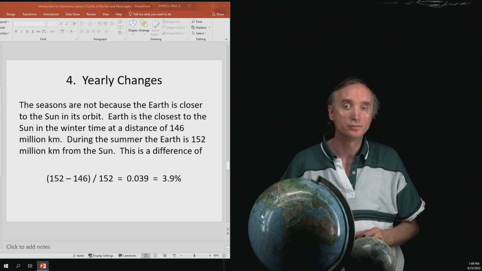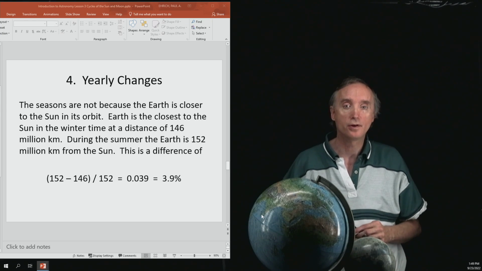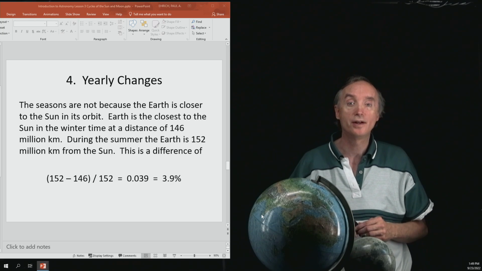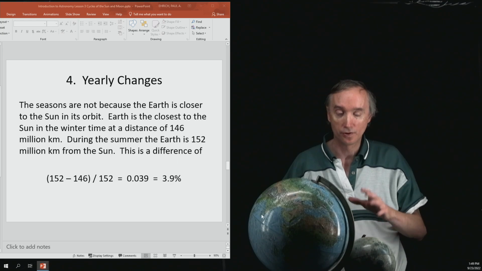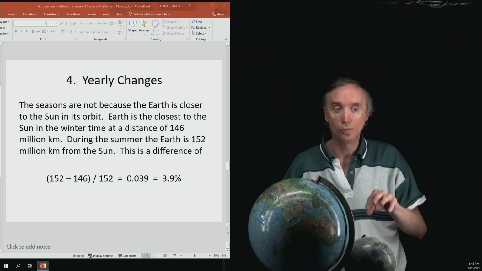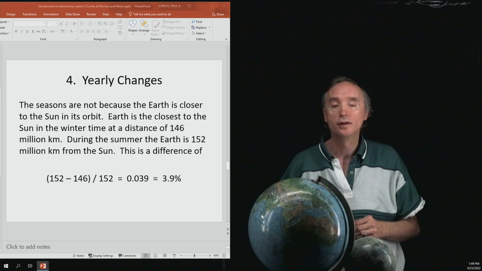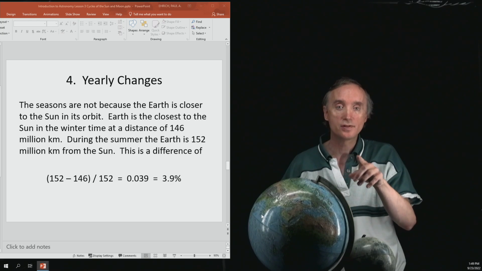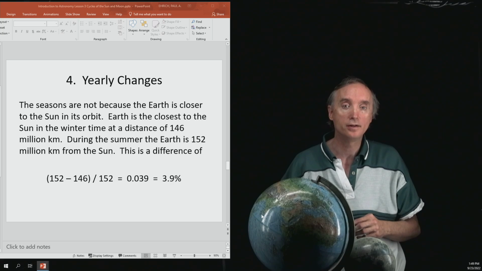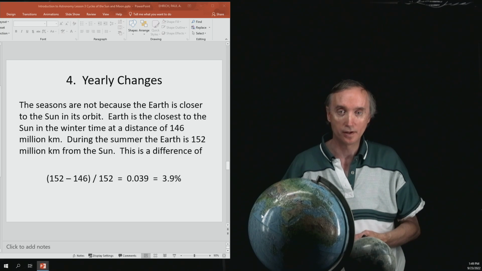Well, that's not true. It says here that the Earth is actually closest to the sun in the northern hemisphere's winter time. And during the northern hemisphere's summertime, the Earth is 152 million kilometers away from the sun.